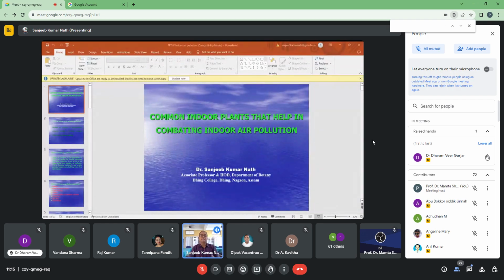So what are some indoor air pollution examples? Let me just elaborate. Some of these include asbestos, which is widely used, building and paint products, carbon monoxide, carpets, cleaning supplies and household chemicals, cockroaches, dust mites, formaldehyde, and many others. Now, what is air pollution and what are its causes?